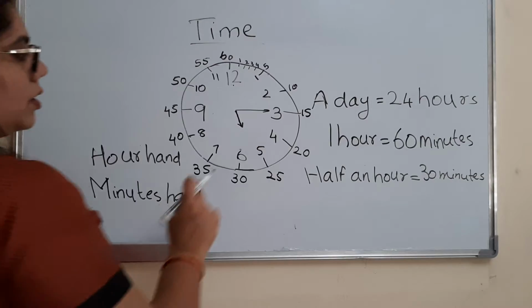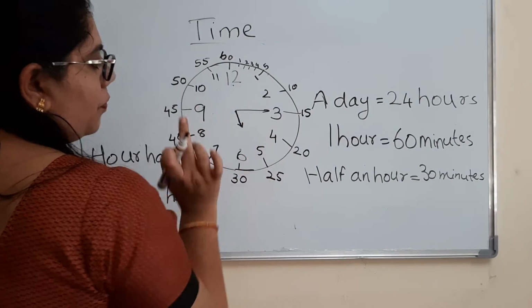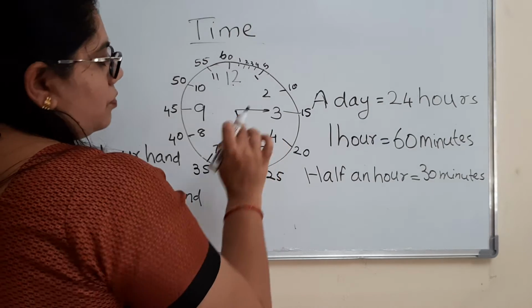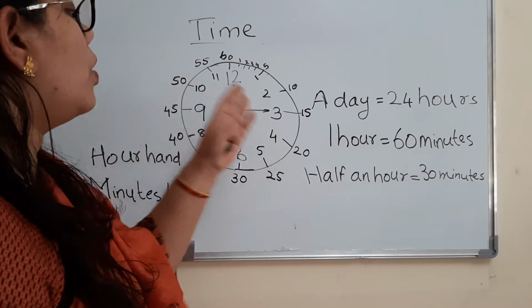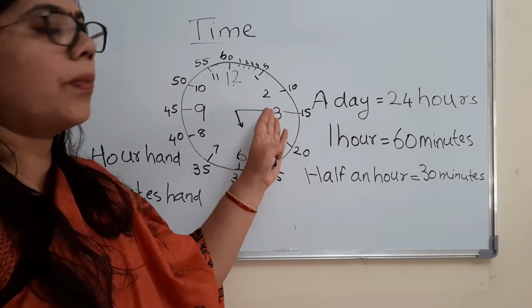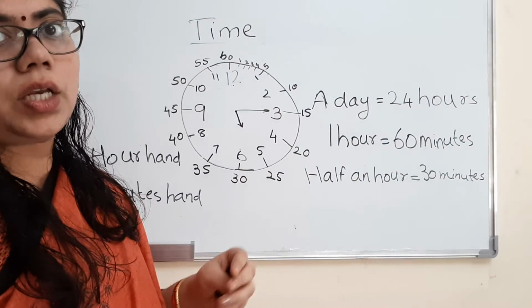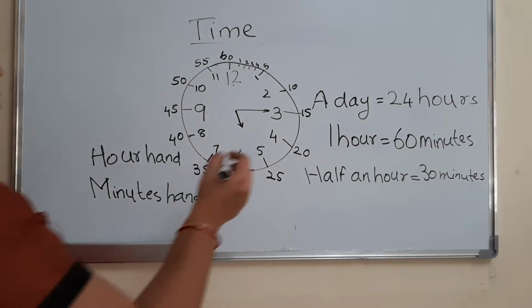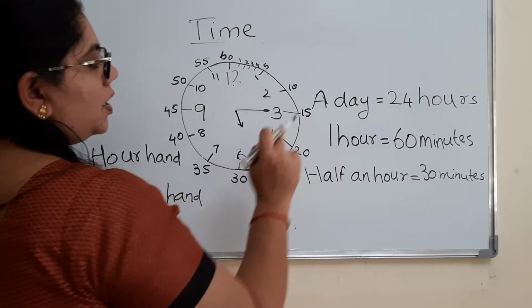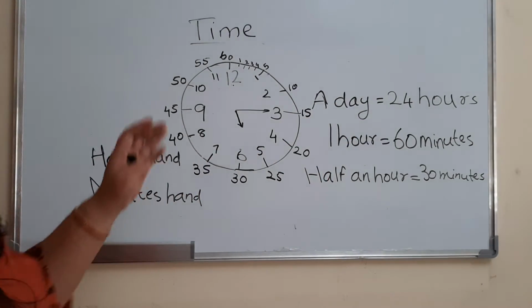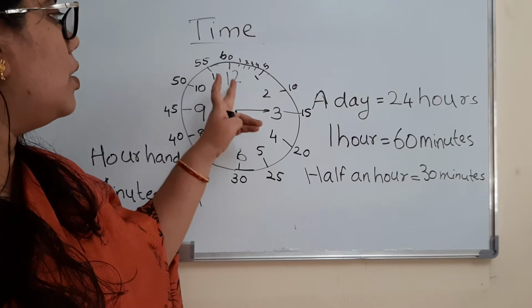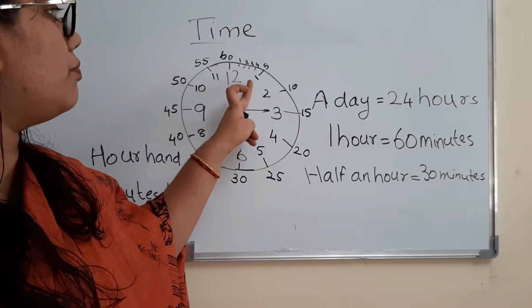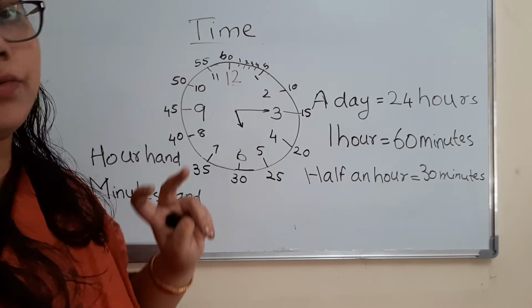Here it is not between 5 and 6, it's showing 5 only, near to 5, and the long hand is pointing to 3, right? So what is the meaning here? 3 means 15 minutes. So the 5 o'clock started, then from 5 o'clock it went to 5:10, then 5:15.